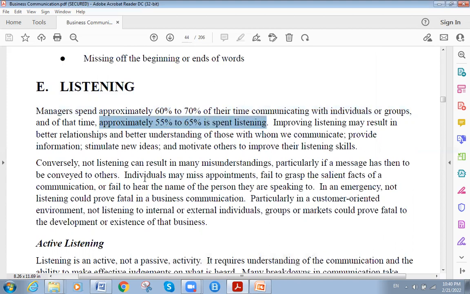If they have 60% in listening, then 40% is for talking; 70% in listening, then 30% for talking. That means managers or decision makers usually listen more than they talk.